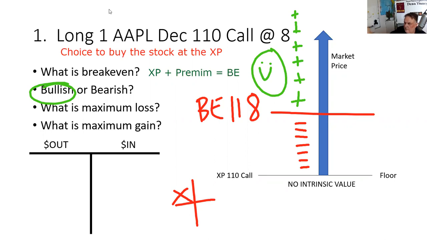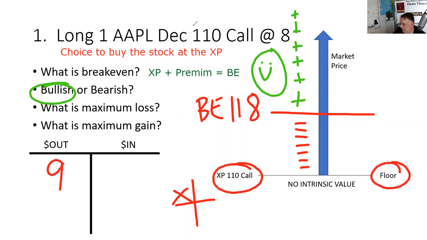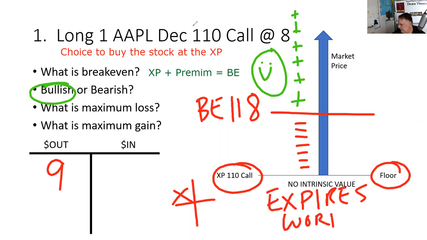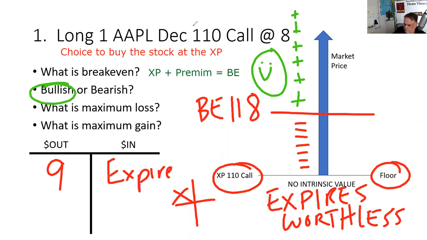Maximum loss. Well, I hope at some point you're not struggling that when you buy an option, the worst case is Apple is at 110 or lower and the contract expires worthless. Now that sounds like a bad thing, but that's actually a good thing because if you bought the Apple stock, you could lose even more than that. So the worst case is it expires.